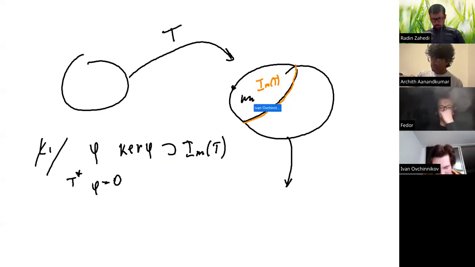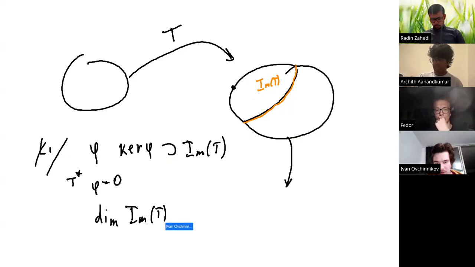I'm just trying to qualitatively explain the final result that we got, that the dimension of the image of T is equal to the dimension of the image of T star.